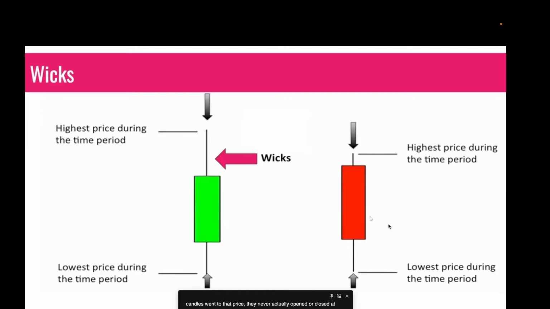You can see here on the bearish candle, this is also another example with some smaller wicks. This is the highest point that price reached during that time period, and then the lowest point. But once again, price opened here at the actual body formation of the candle and then closed down here at the bottom of the body formation.